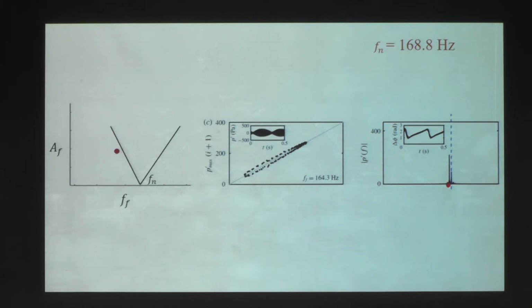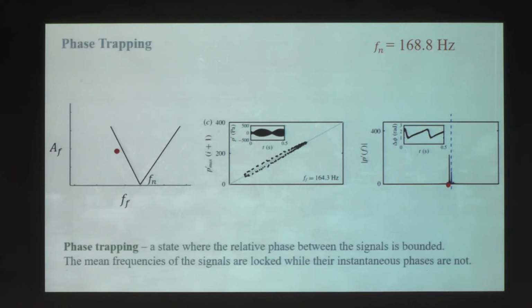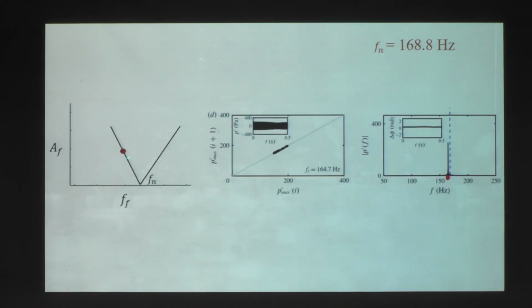That essentially means the frequencies are locked. If you find the mean frequency of both, they are exactly the same. Although the amplitude spectrum shows two different peaks, their mean frequencies are locked. And at the boundary of this synchronization regime, you again get periodic oscillation, because the forcing oscillation and the self-sustained oscillation are completely locked.